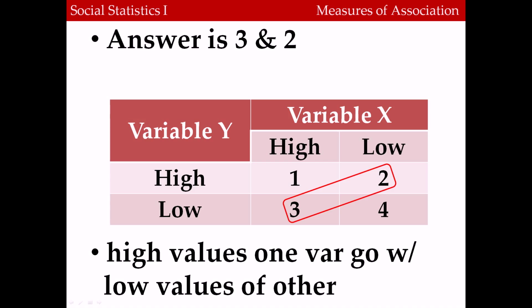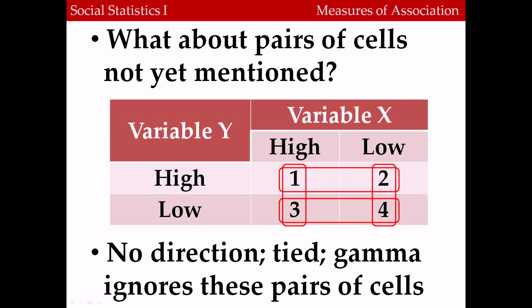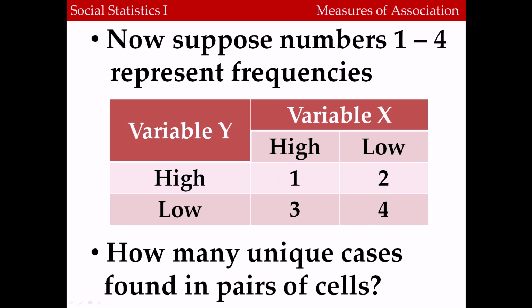And so that shows a negative relationship. Notice that the other pairs of cells don't have any direction. If we look at 1 and 2, 2 and 4, 4 and 3, and 3 and 1, they're tied, and therefore they're not used in the calculation of gamma. Only cells that have positive or negative relationships are used in the calculation.